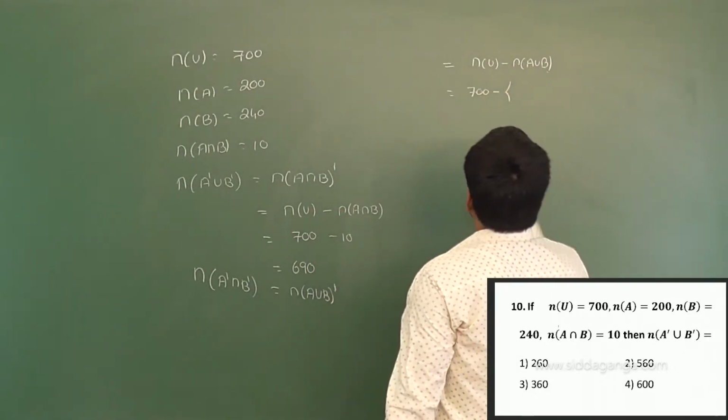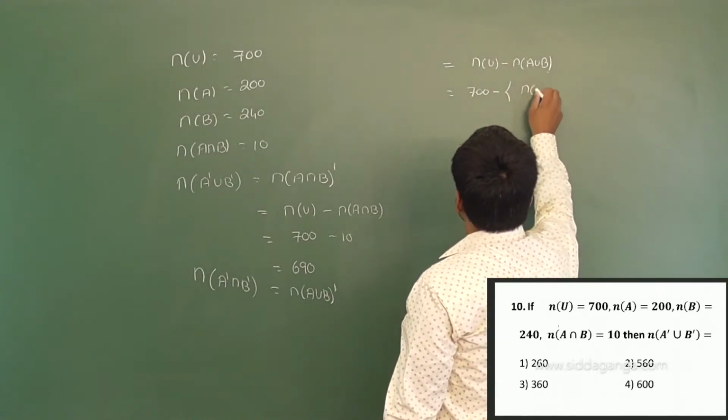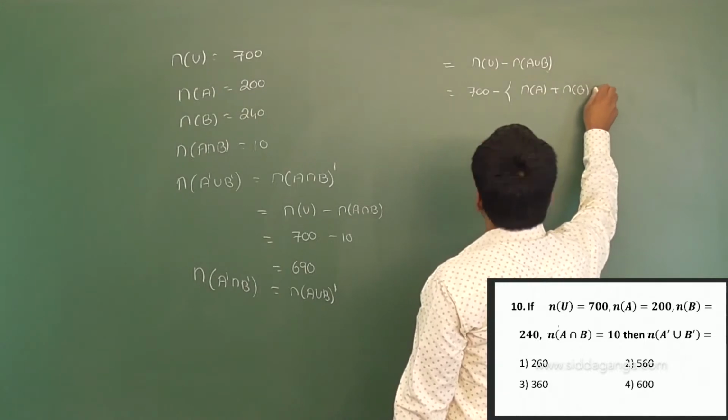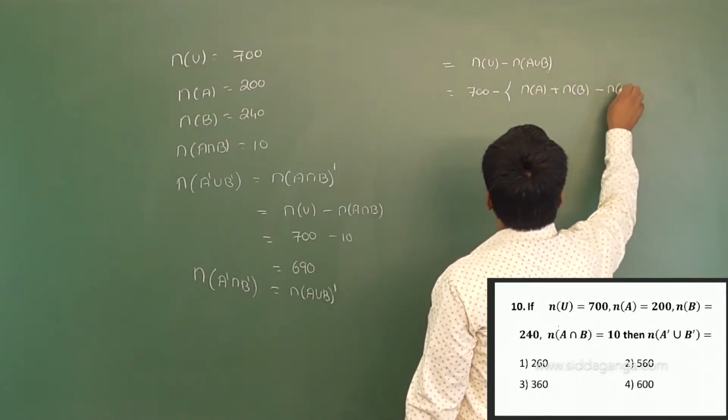So we know the formula. N of A union B is N of A plus N of B minus N of what?